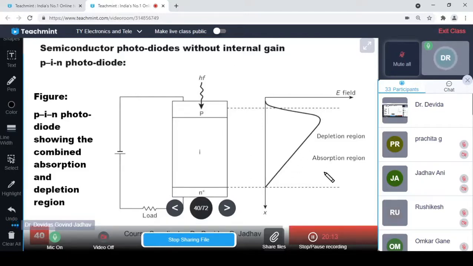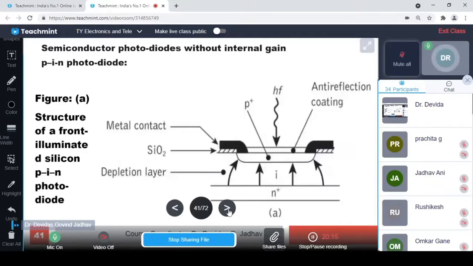There are two types: one is front illuminated and the second is side illuminated. In front illumination, the photon is absorbed from the front of the PIN photodiode, perpendicular to the junction, and in side illumination, parallel to the junction. In front illumination, the absorption region is the intrinsic region only.